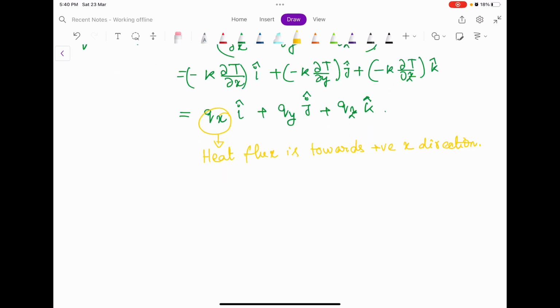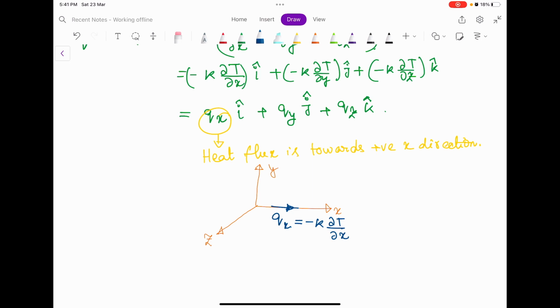If I draw my coordinate axis like this, this is x, y, z. Whenever I am writing q_x, that means the heat flux is going from this to this direction. This is the direction of the heat flux, and that is given by minus k dT dx.